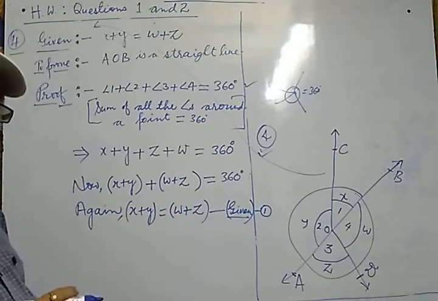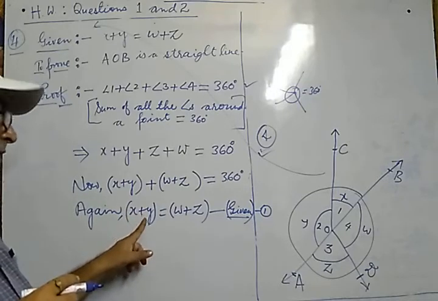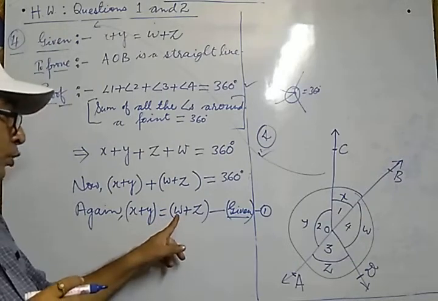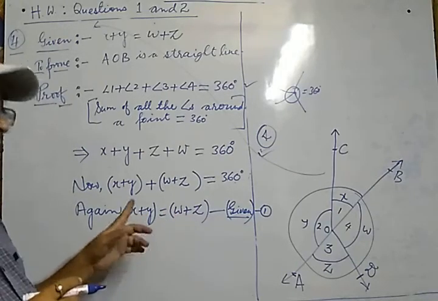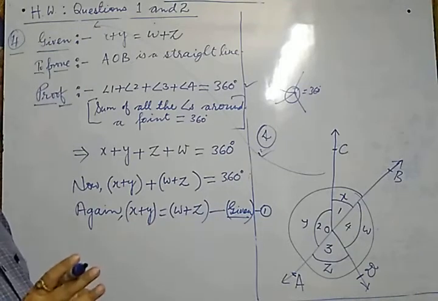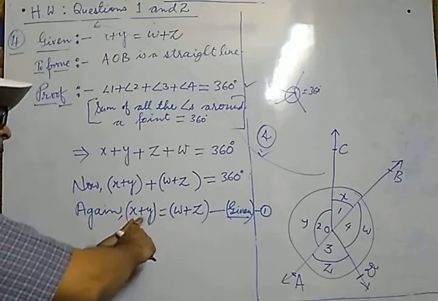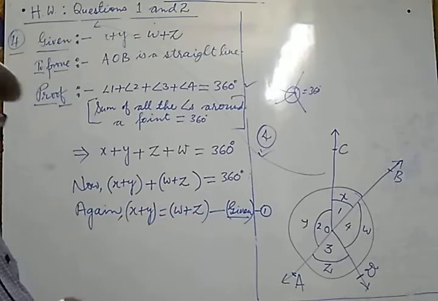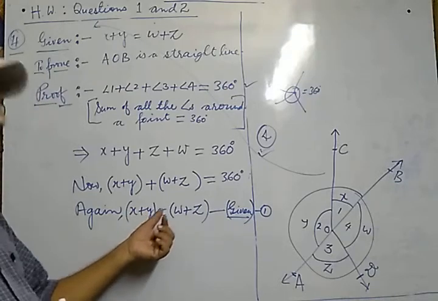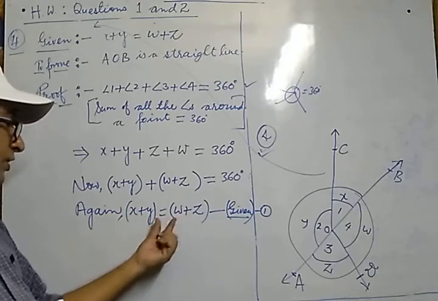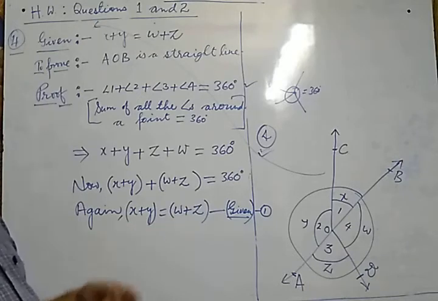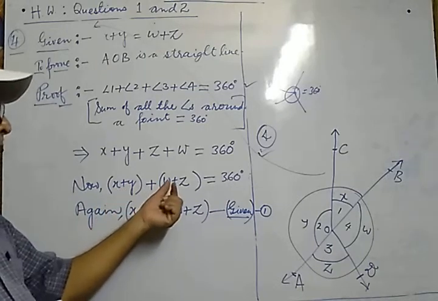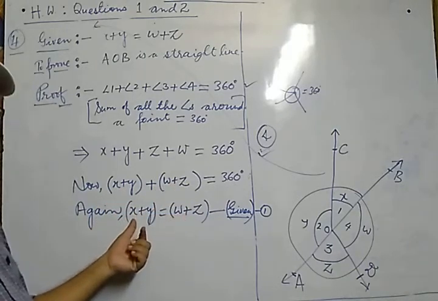The meaning is that either in the place of x plus y, note down w plus z, or in the place of w plus z, note down x plus y. Both conditions may be there, because both the values are equal. Here x plus y is already given, so we will note down w plus z in the form of x plus y.